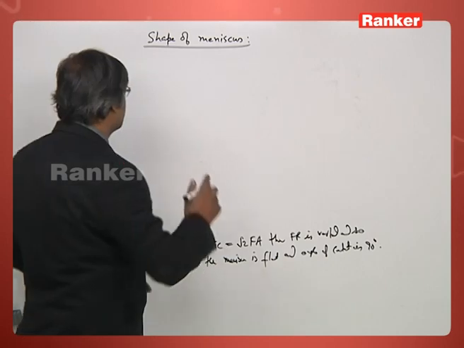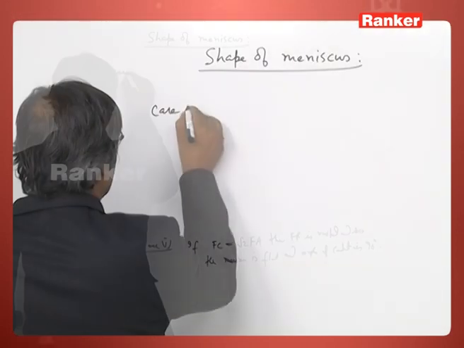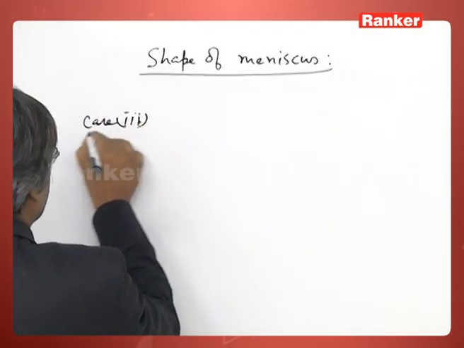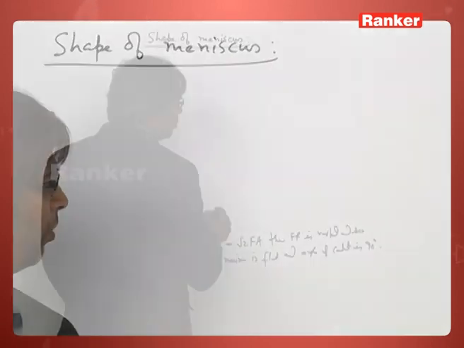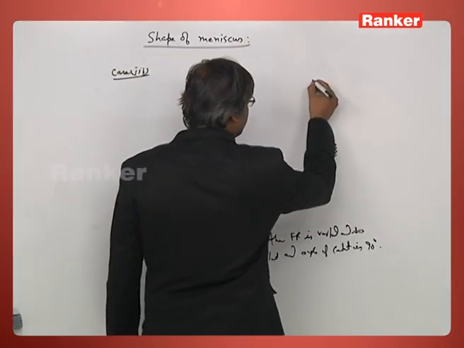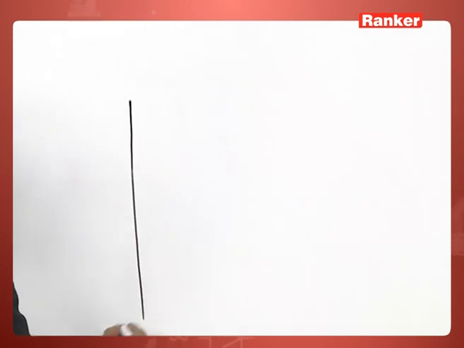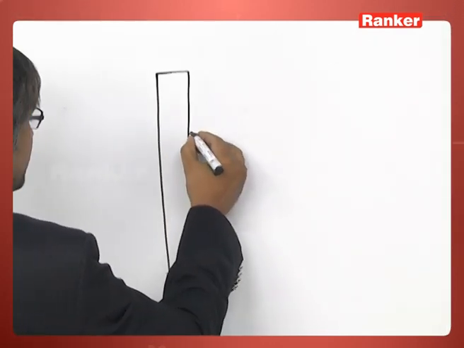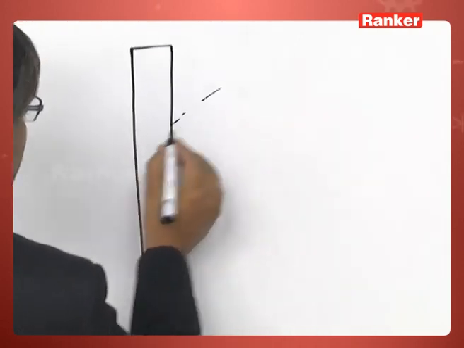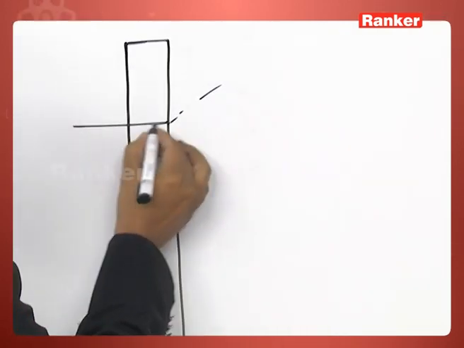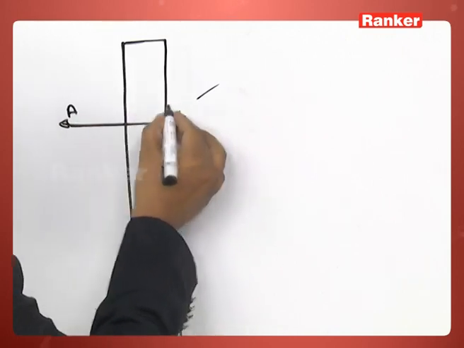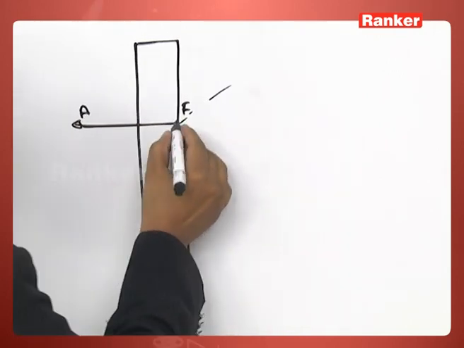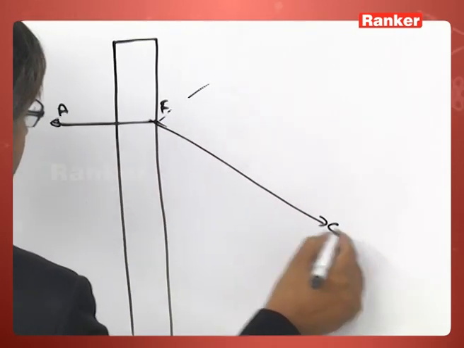Now come to case 3. We have a meniscus like this, obtuse. So this is FA, and we have a large value of FC.